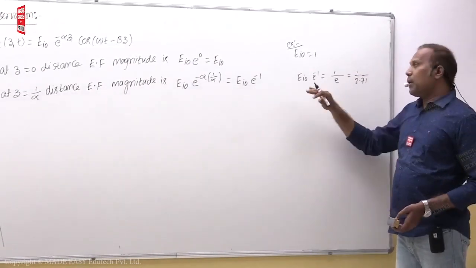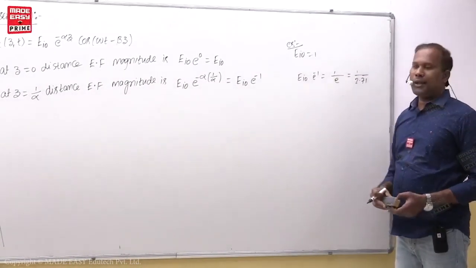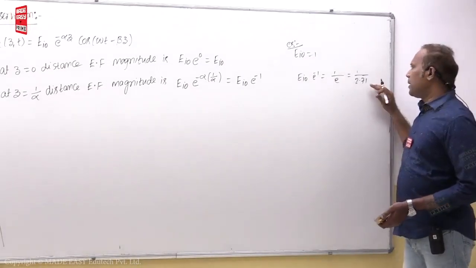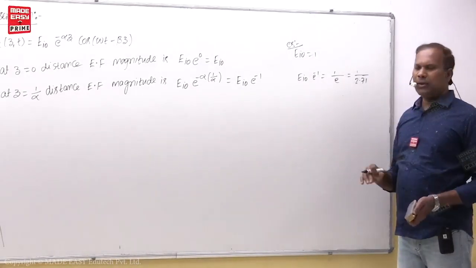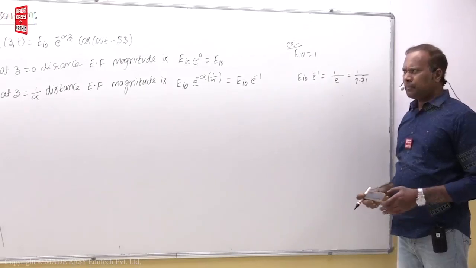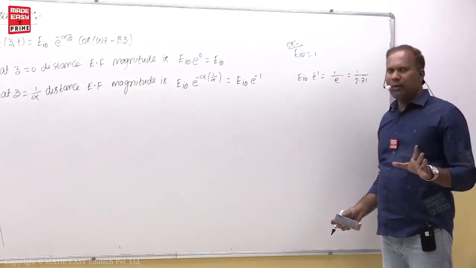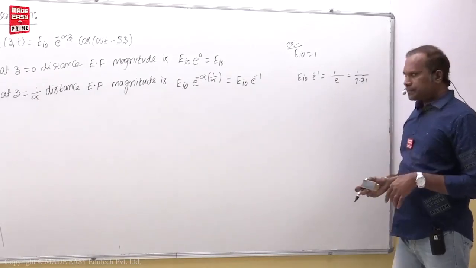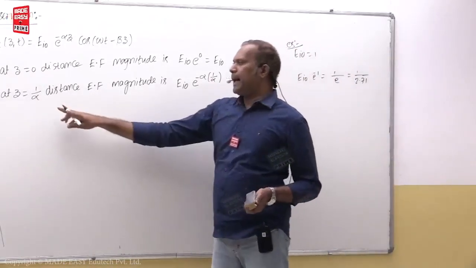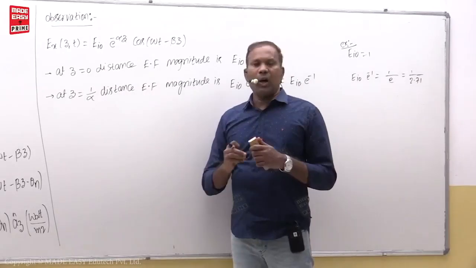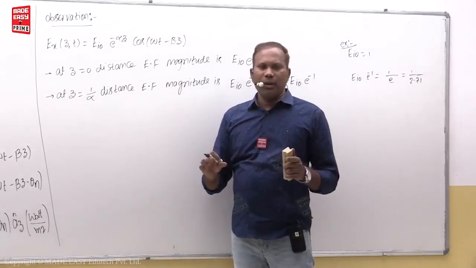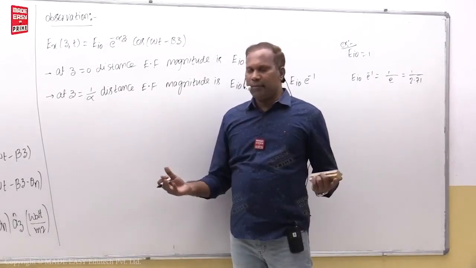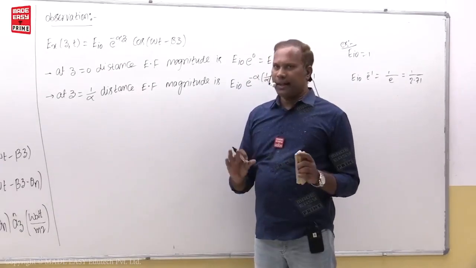Power becomes e power minus 2 alpha z, so power becomes 0.3 whole square, which is 0.09. Almost power becomes 0. That means when the wave travels 1 by alpha distance, almost power becomes 0. Wave vanishes. Wave vanishes, मतलब wave गायब हो जाएगा.